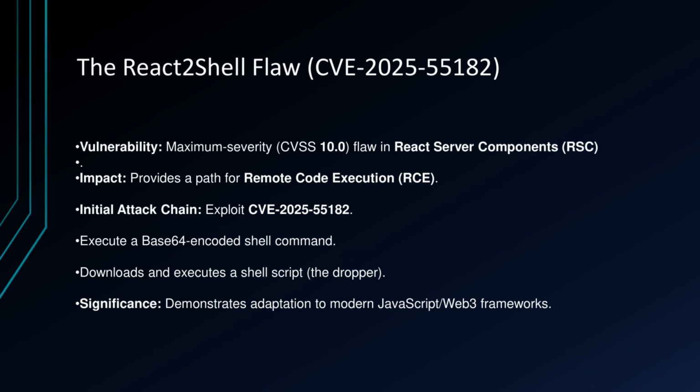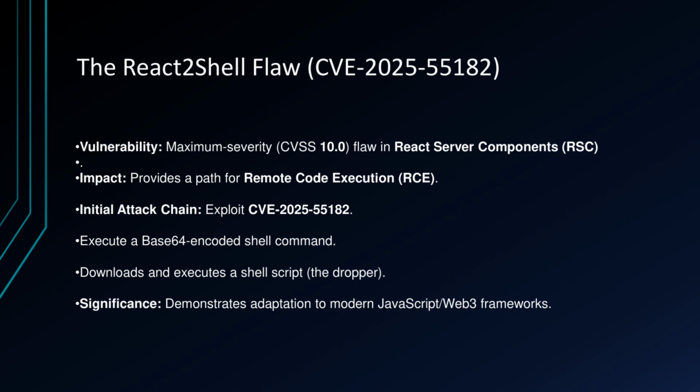Slide 3. Let's begin with the entry point, the React2Shell flaw. This is a maximum severity vulnerability, scoring a perfect CVSS 10.0, impacting React server components. Since RSC handles server-side rendering, this flaw grants the attacker remote code execution, RCE.